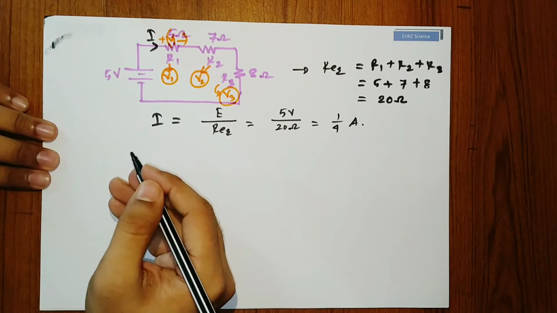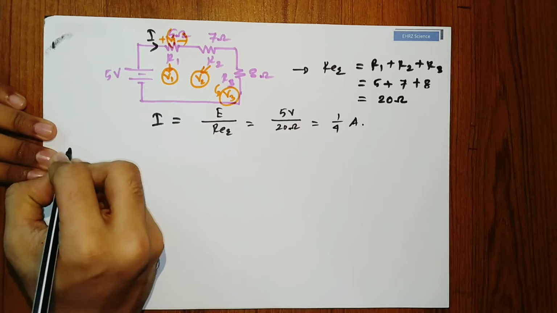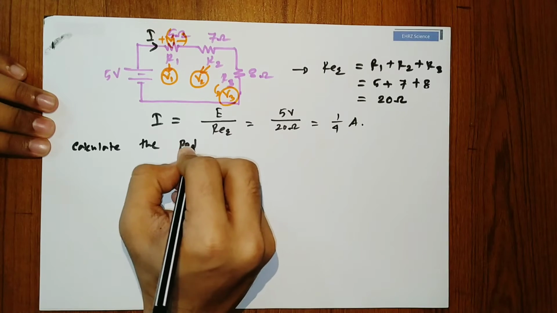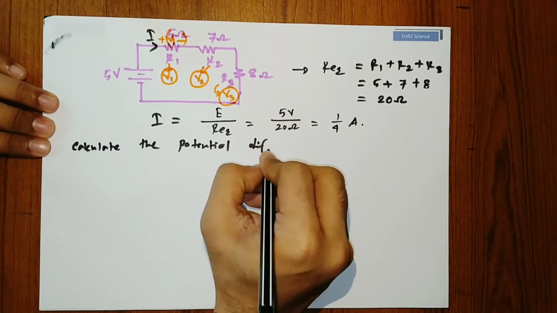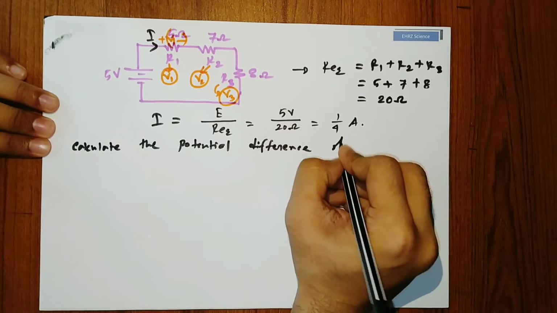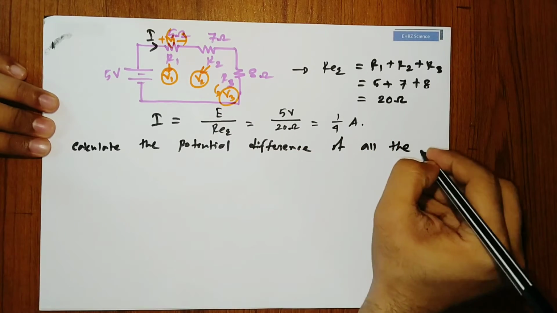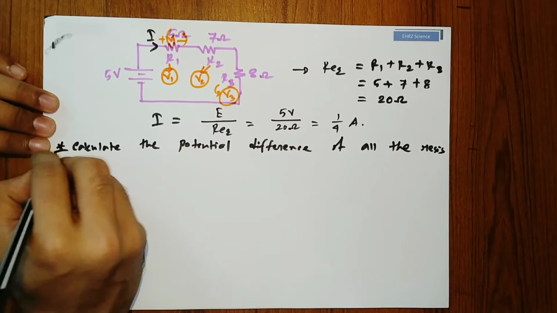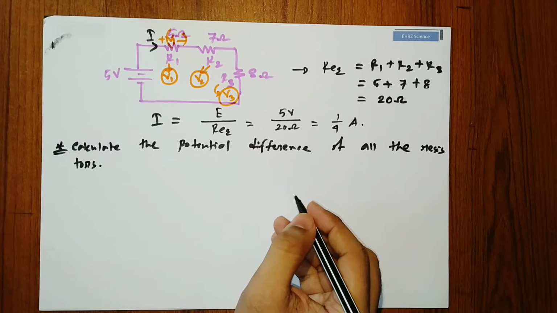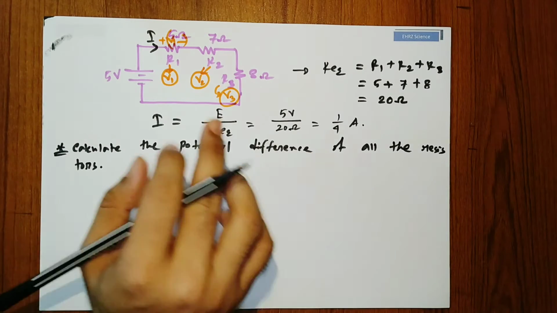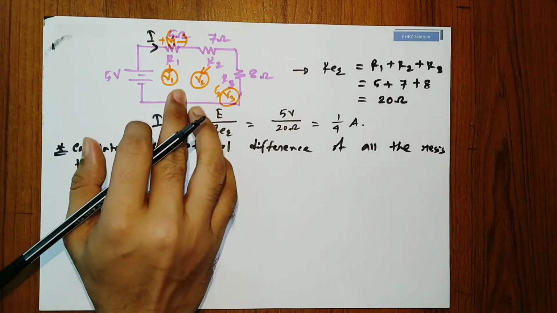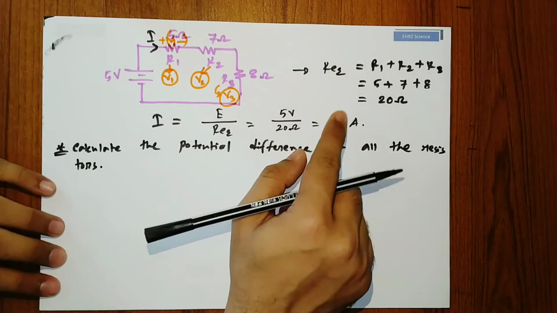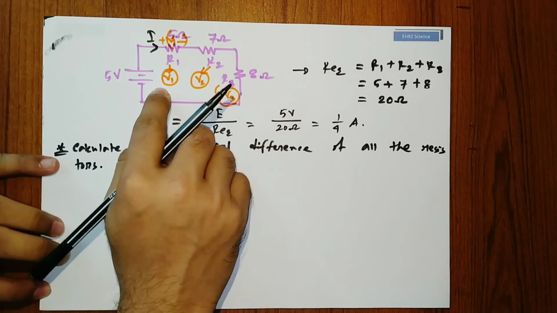If anyone asks you to calculate the potential difference of all the resistors in this circuit, since you have calculated the current I, which is 1/4 amps, what is the potential difference?